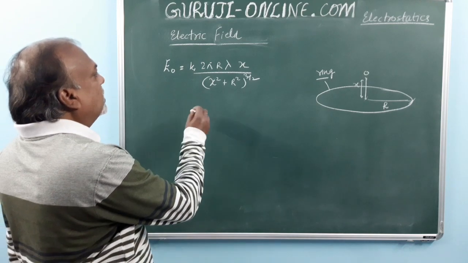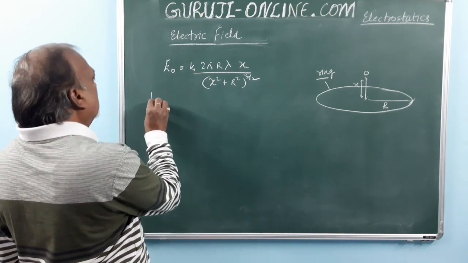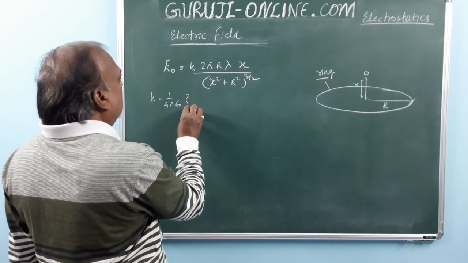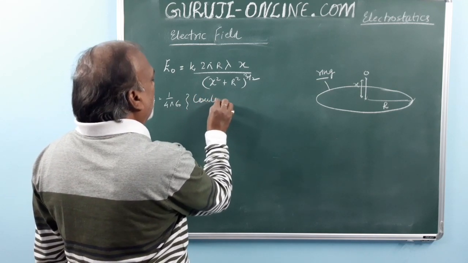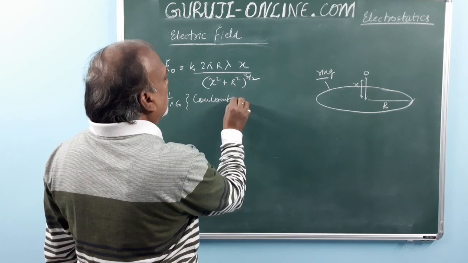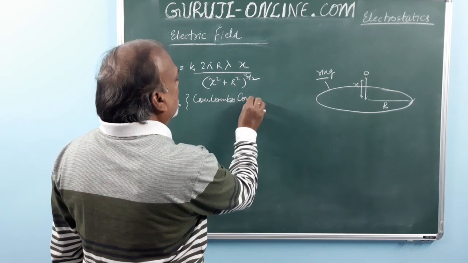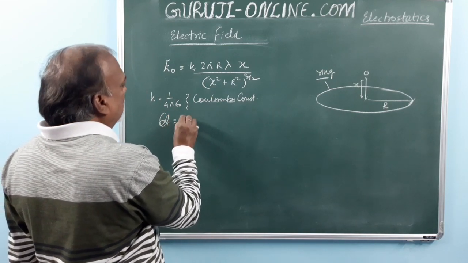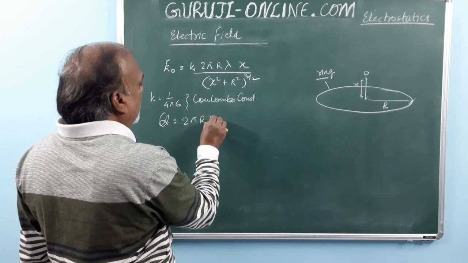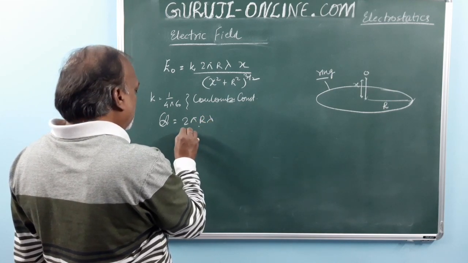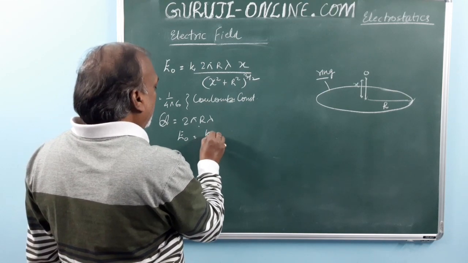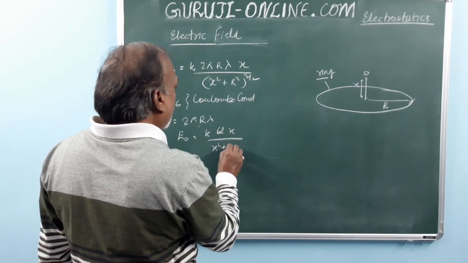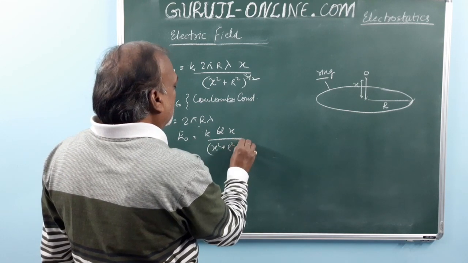We can write this as, here basically K is 1 by 4 pi epsilon 0, that is Coulomb's constant, and Q is nothing but 2 pi r lambda. So we can write it as K Q x upon x square plus r square to the power 3 by 2.